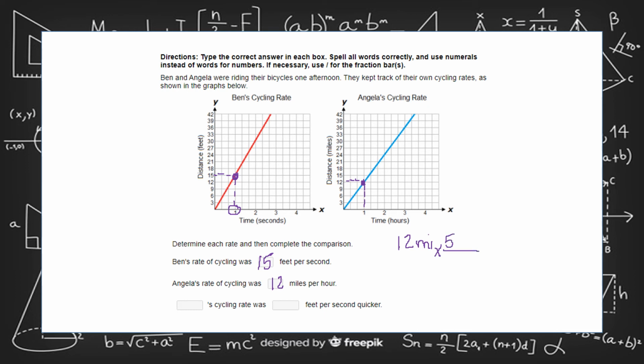That would be 5,280 feet over 1 mile. So that means there are 5,280 feet per 1 mile. And then I've got to change the hours to minutes.